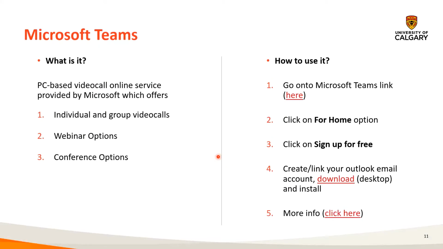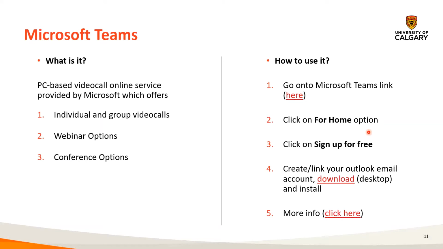Last but not least, another option that we have to do the same as in Zoom is Microsoft Teams. It also comes with individual and group video calls and similar options as on Zoom. How to use it? It is pretty much the same as on Zoom. You have to go onto the link that I provide here, or you could type Microsoft Teams on Google and it will lead you to the page link.